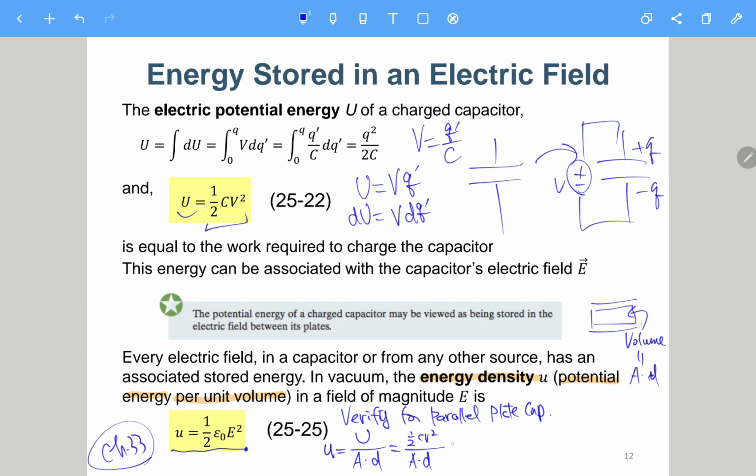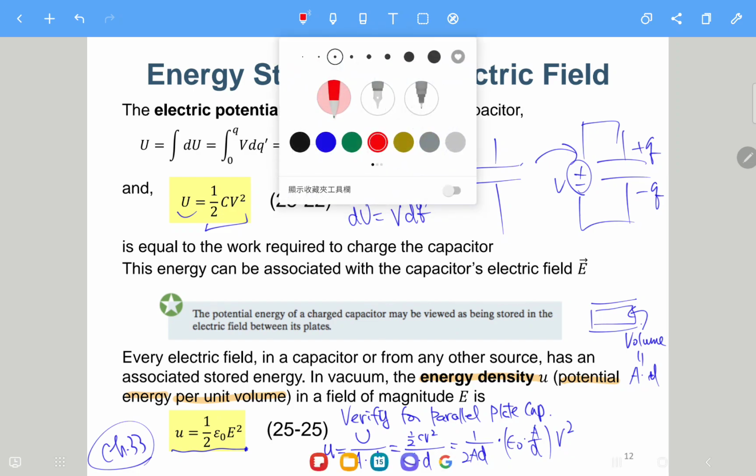So here we can put it as 1 over 2AD, and then times, for the parallel plate capacitor, C is epsilon naught times A over D. V squared we can just leave there. In this case, we can do some cancellation.